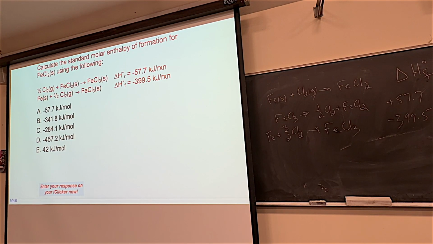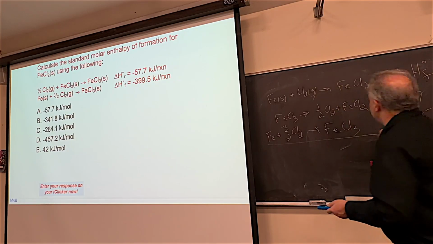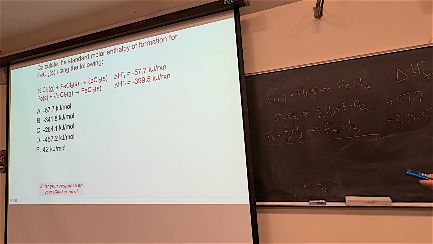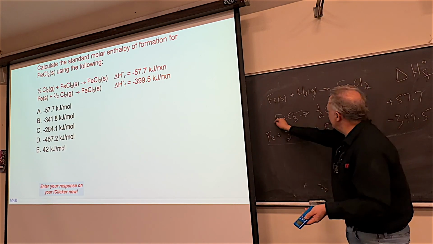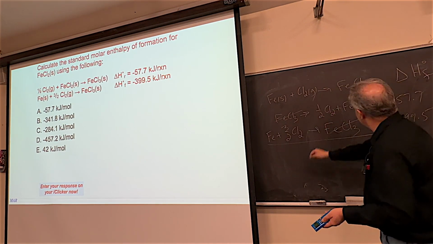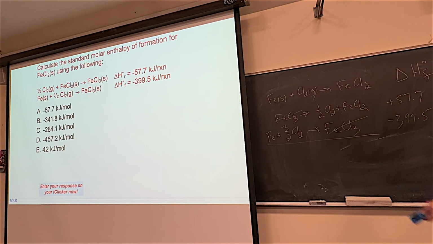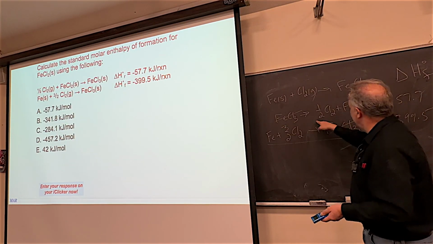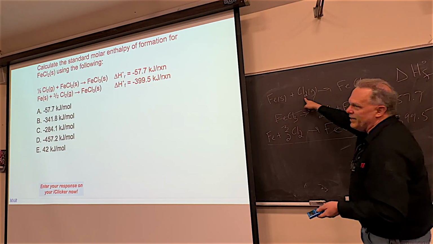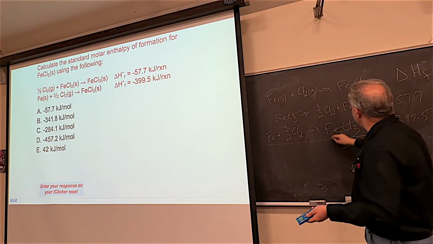Awesome. So now, usually, if you look at those key things like the iron and the FeCl2, often that's enough to knock these out, but let's double check. When you add these, FeCl3 is a reactant, FeCl3 is a product, out of here. 3/2 minus 1/2 will give us our 1 Cl2.